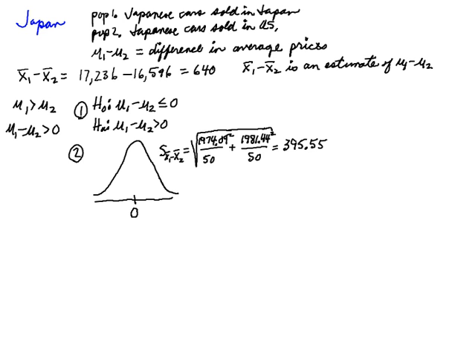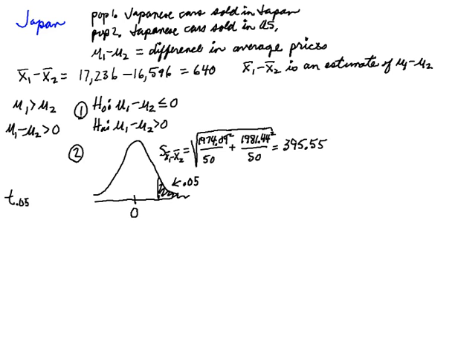Notice that this is an upper tail test, and I'm going to run on alpha equal to 0.05, and this is going to be a t distribution. My t value, my t sub 0.05.